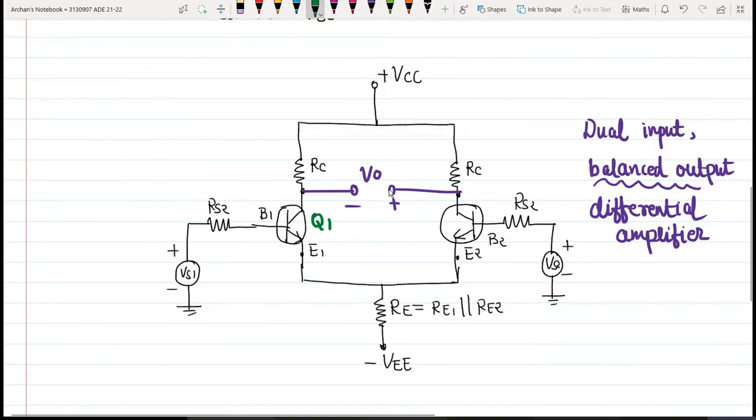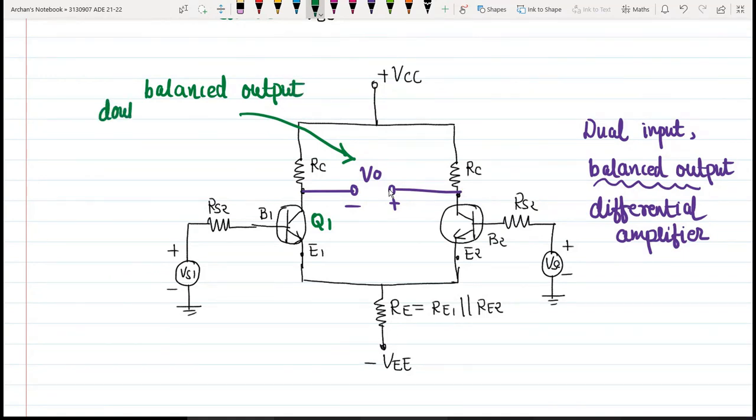So whenever we have this scenario where we measure the output voltage like this, it is called balanced output, double-ended output, or floating output.